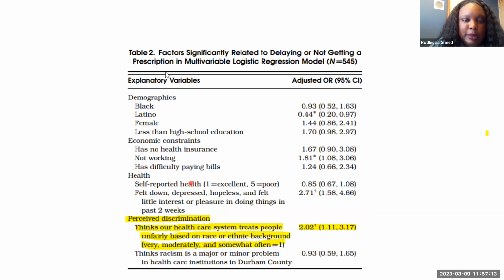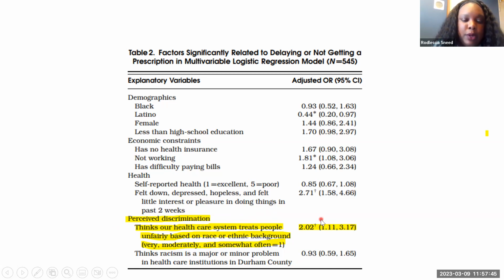So one study that was conducted, it's a cross-sectional study of US adults, and these researchers were really interested in understanding the factors that were associated with delaying or foregoing prescriptions. And the biggest predictor from this study, which was conducted in Durham County, North Carolina, and looked at lots of demographic characteristics, including race, economic restraints, health status, was perceived discrimination.